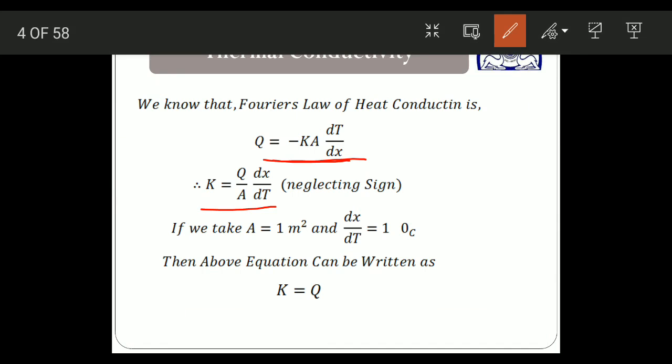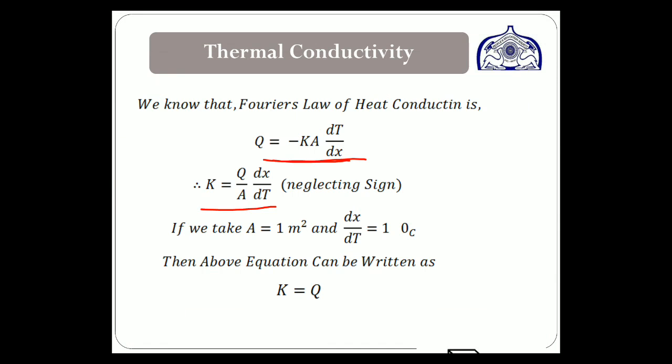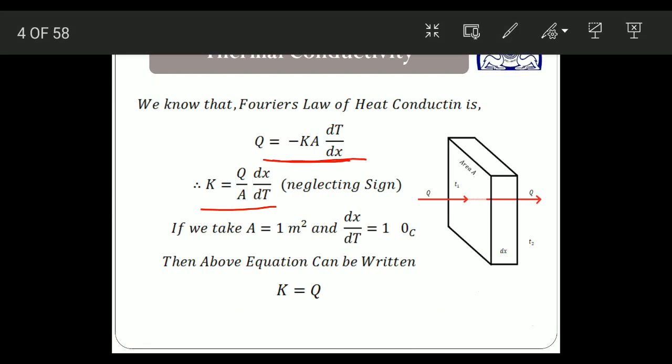If you put the area as 1 meter square and the temperature gradient as 1 degree Celsius per meter, then the equation can be written as k is equal to q.